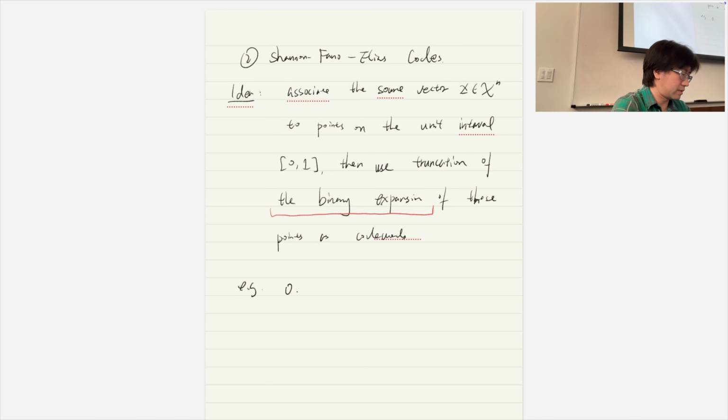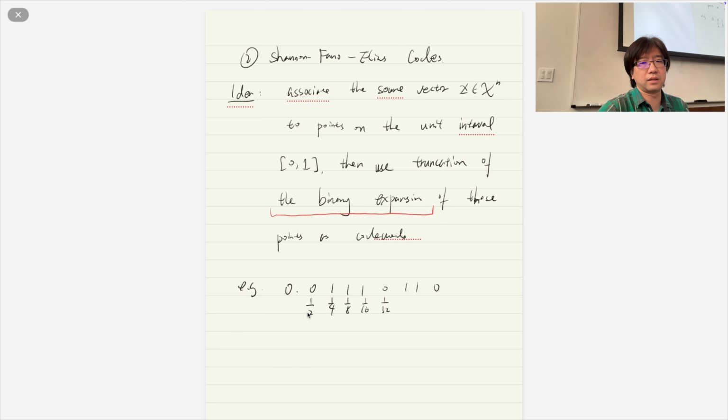Usually we use base 10, but now it's binary, so the first digit means half, the second digit means half squared, then 1/8, 1/16, 1/32, and so on.